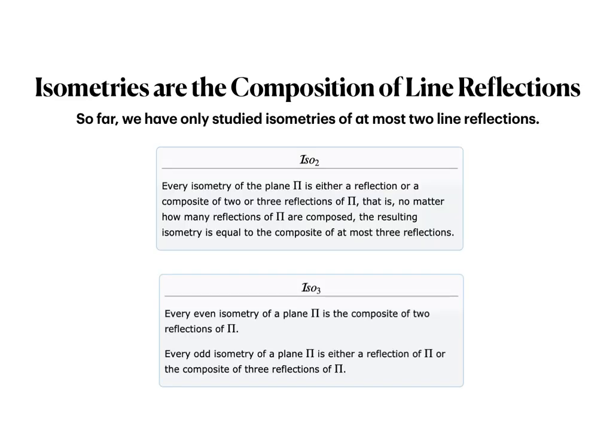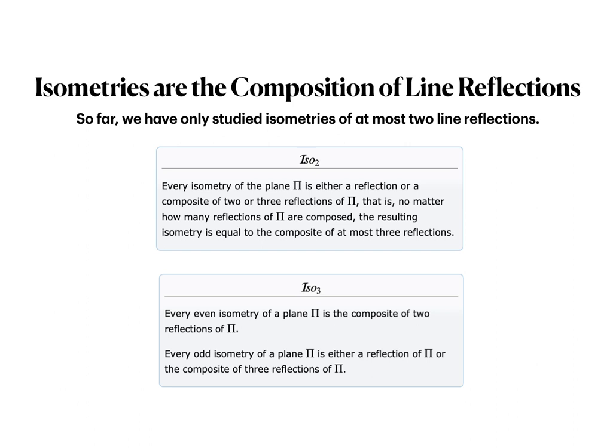So far, we've only studied isometries that have at most two line reflections. And it just so happens that we could have any number of line reflections.